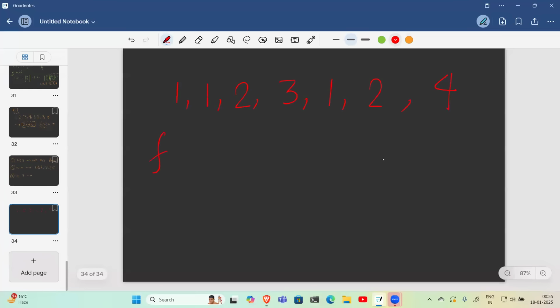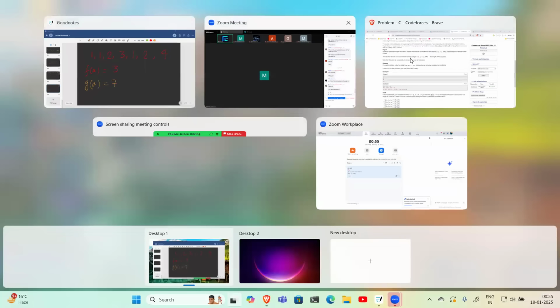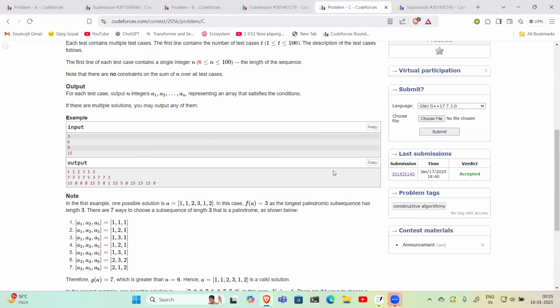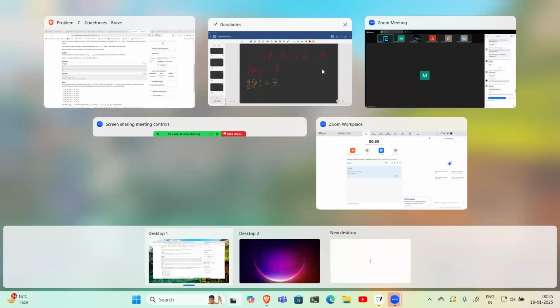Then what is the value of f of a? The value of f of a remains 3, right? And what is the value of g of a? The value of g of a is 7. The 7 subsequences they have given in the examples they have explained, right? So we do not get any extra subsequence as far as I see.